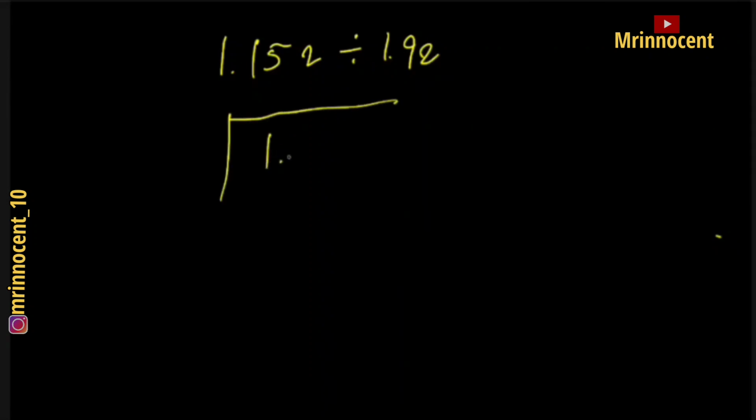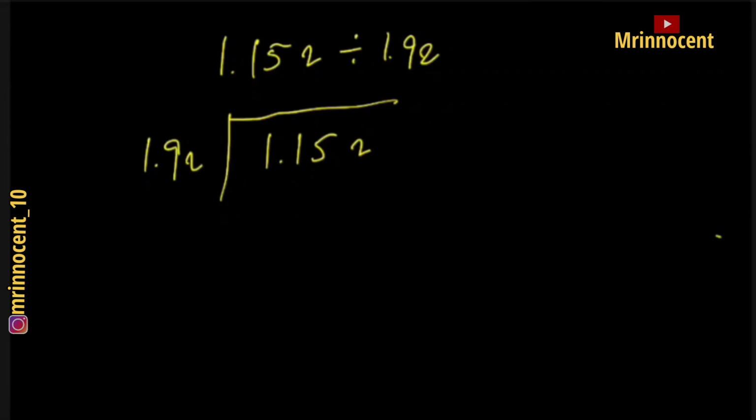Let's look at another example. So you have 1.152 divided by 1.92. So you have 1.152, 1.92.